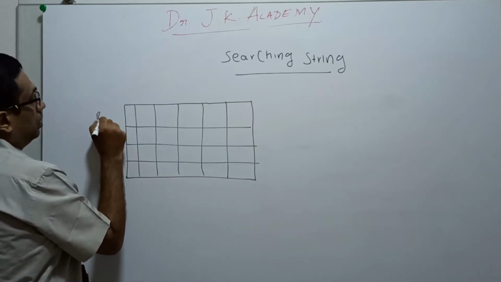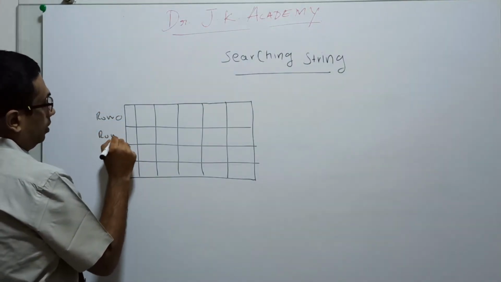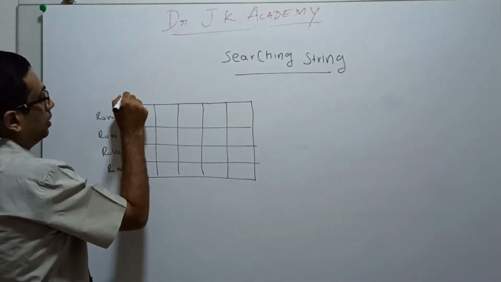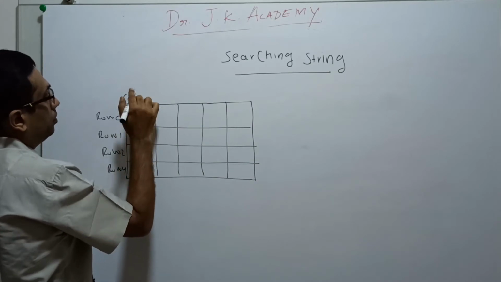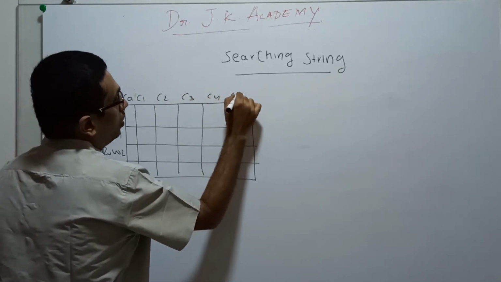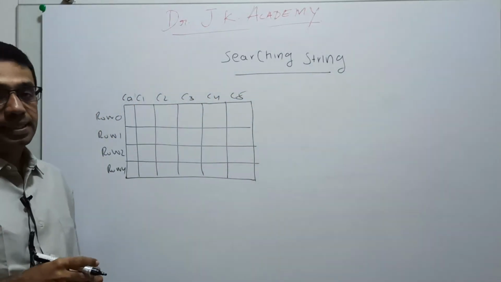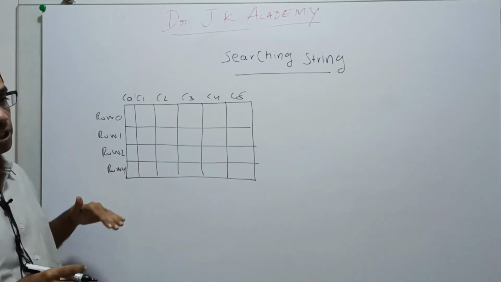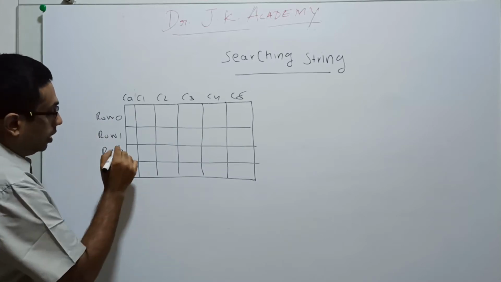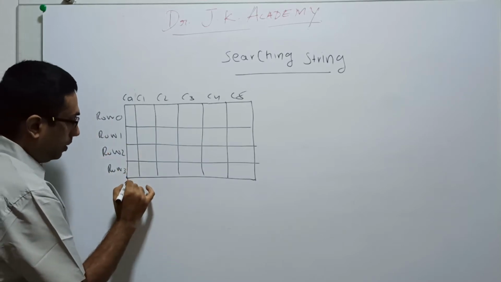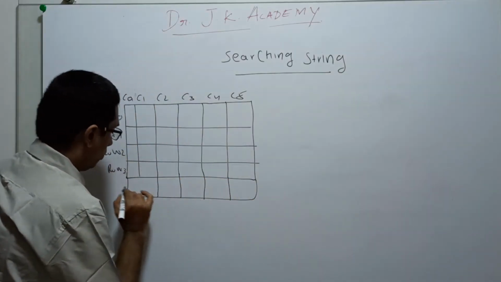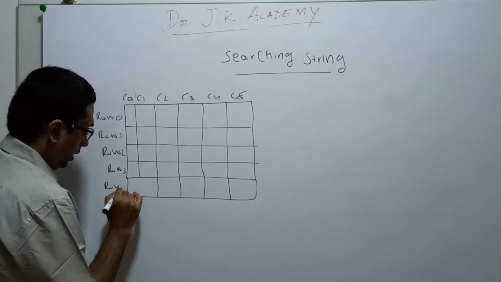This is row 0, row 1, row 2, row 3, and we will have a row 4. These are column 0, column 1, column 2, column 3, column 4 and column 5. The matrix is capable of storing rows 0 to 4, so totally we are able to store 5 names.